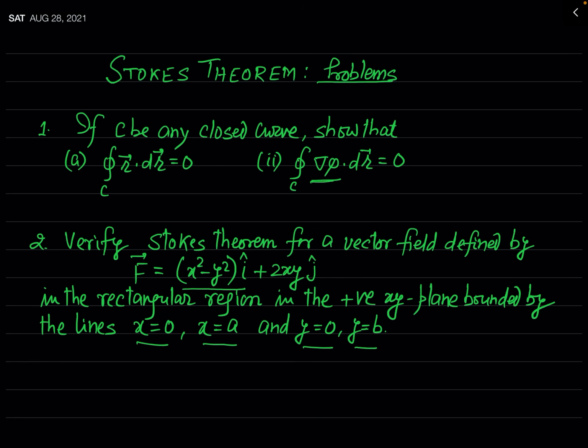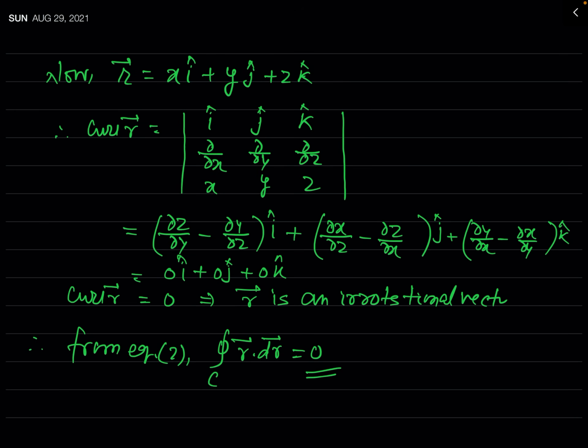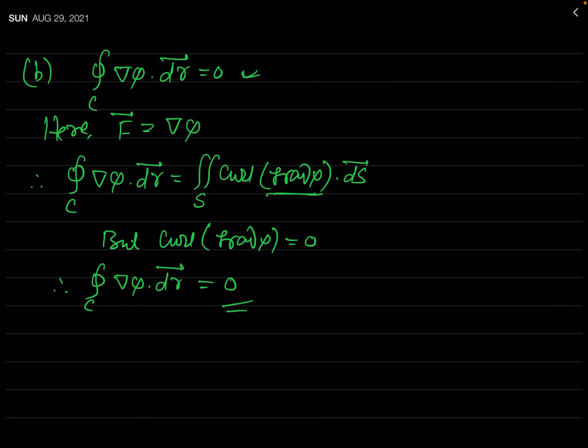It means the surface along which we have to take the integral is just a rectangular surface lying in xy plane. So let us try to solve this second problem.